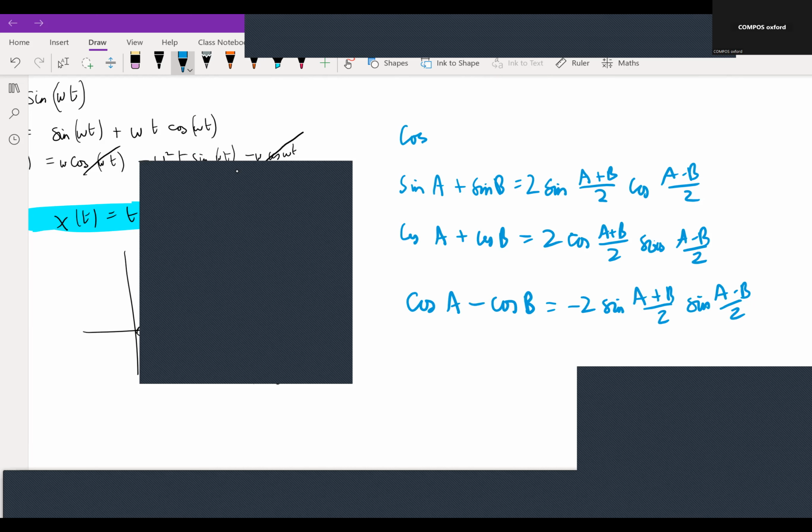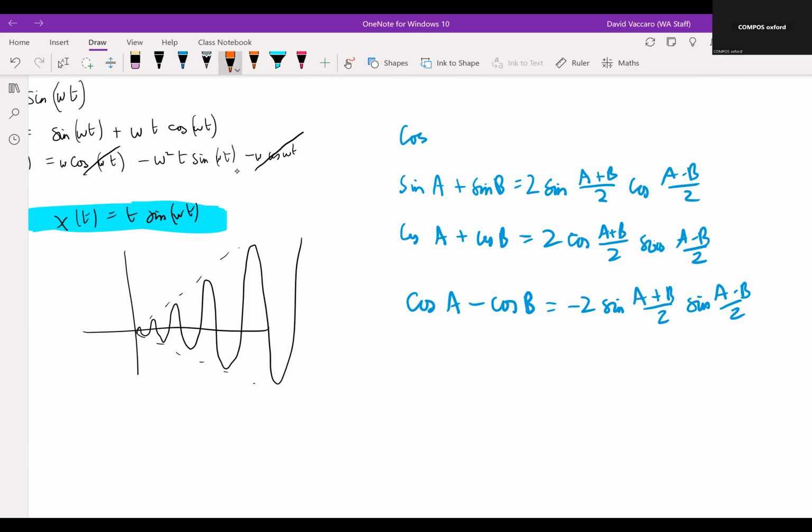The reason these identities are really important is because, for a physicist, they tell you what happens when two waves meet. When two waves meet, you get a product of two waves.